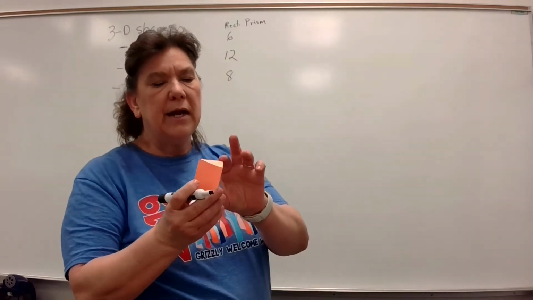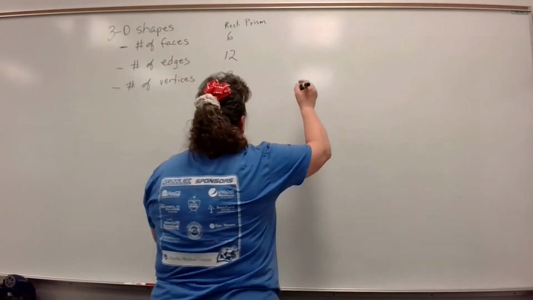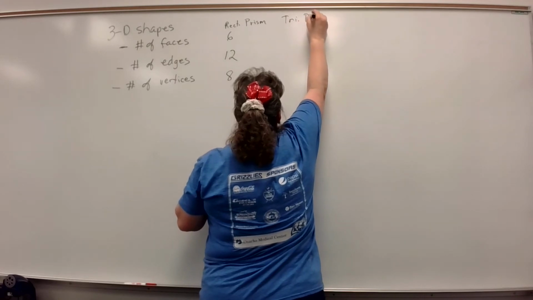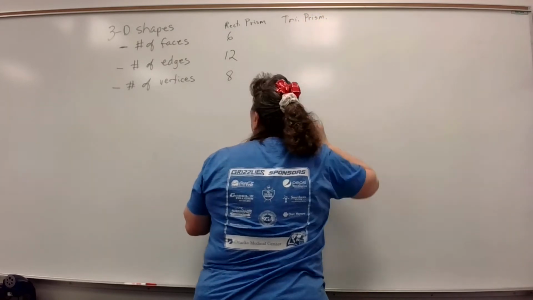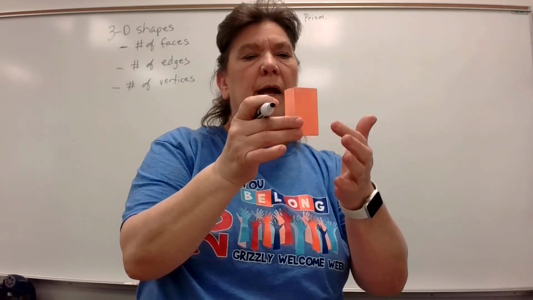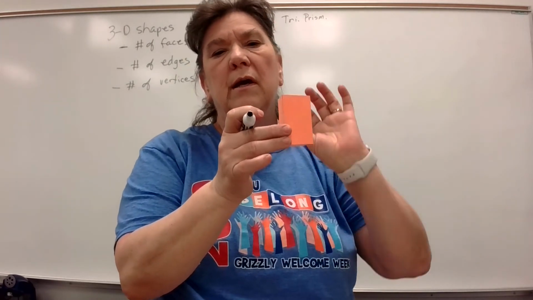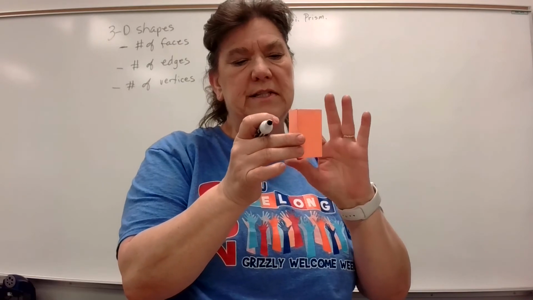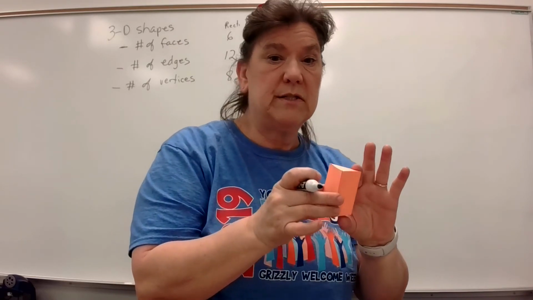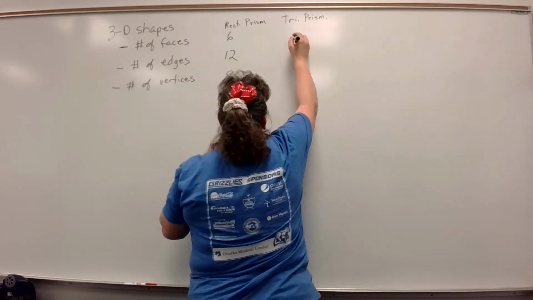Let's look at a triangular prism. Again, notice your 2 bases and your 3 lateral faces. So we have 5 faces on this one.